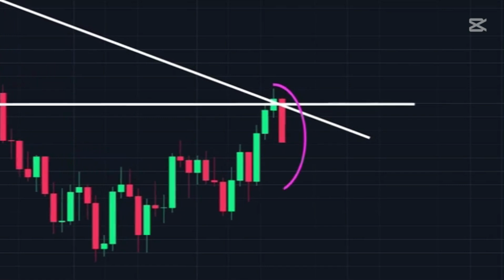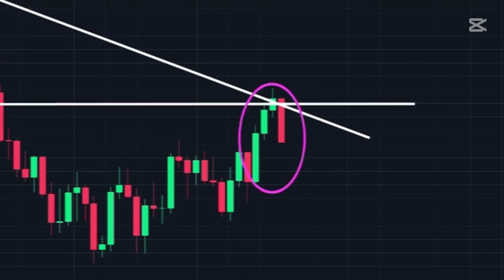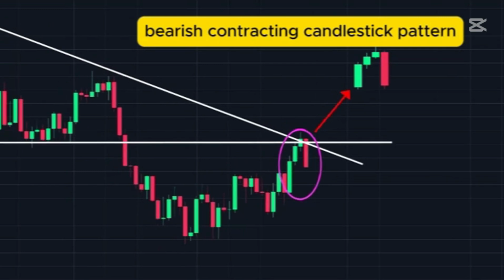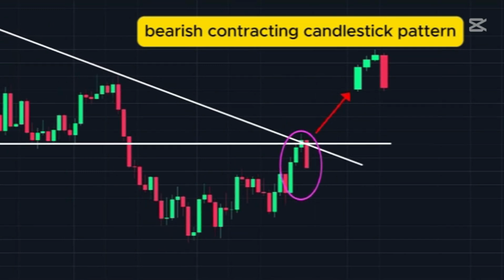Look closely and you will see 3 green candles, each candle getting smaller in size, followed by a large red candle. This shows that when price approaches confluence, buying pressure is easing, creating opportunities for sellers to participate. This is the feature of a contraction candlestick pattern that reinforces the expectation that price will reverse down.